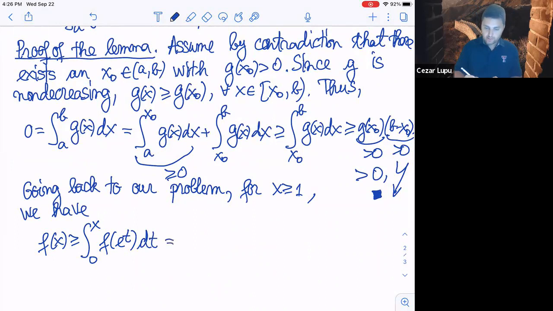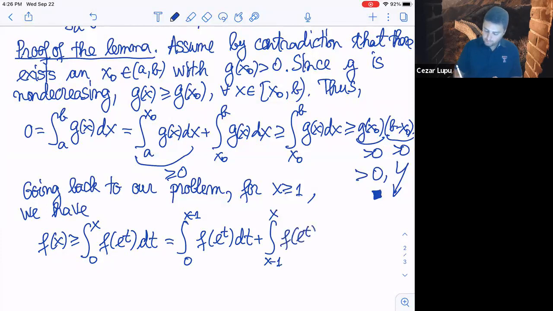And now I'm gonna break this into two. So this is the integral from 0 to x minus 1 of f of e to the power t dt plus the integral from x minus 1 to x of f of e to the t dt.